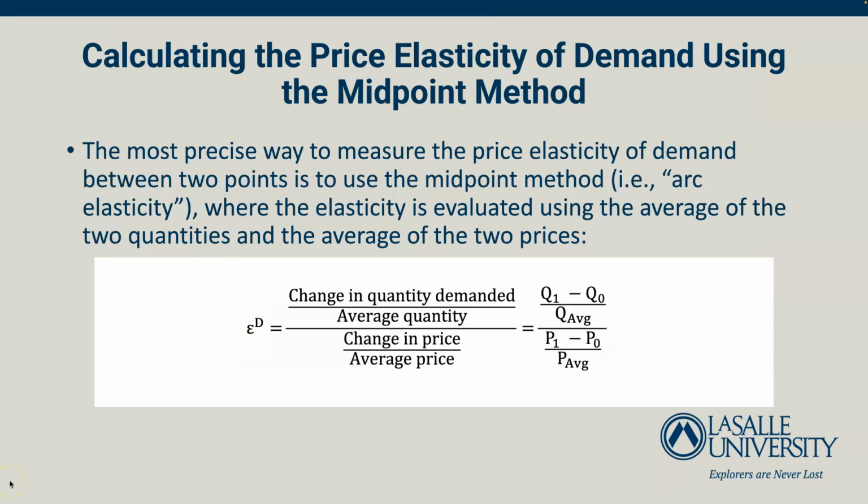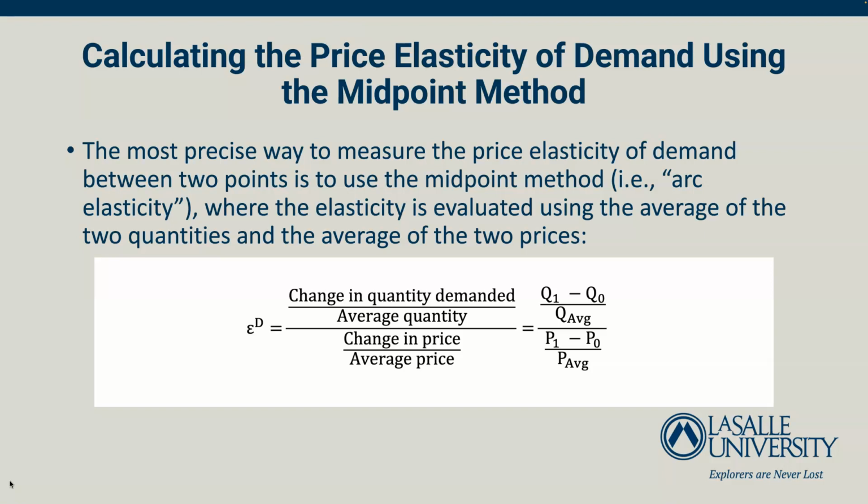And the most precise way to do this is to use what is called the midpoint method for calculating the price elasticity of demand. Here, that elasticity is going to be evaluated using the average of those 2 quantities, 190, and the average of those 2 prices, 500 and 600, to get a very precise measure.